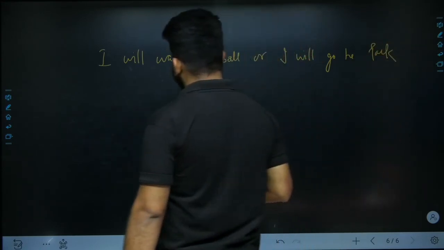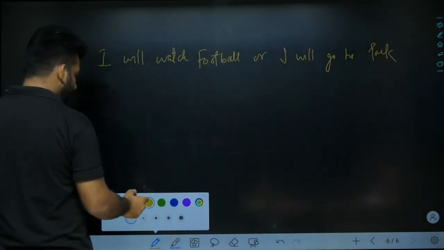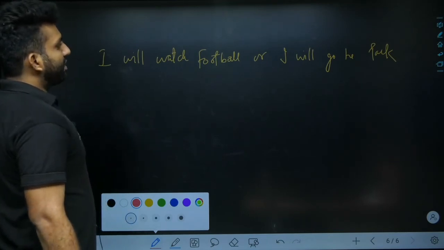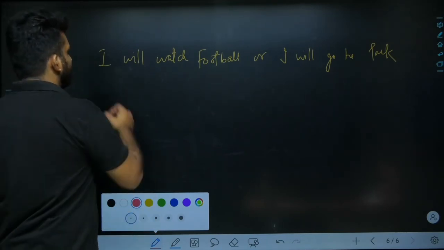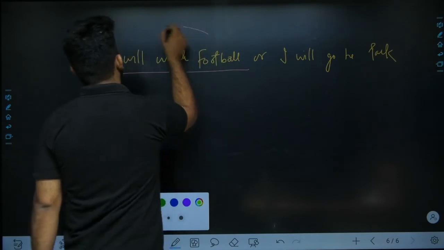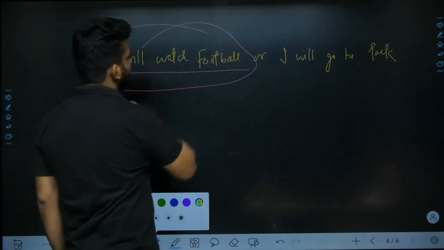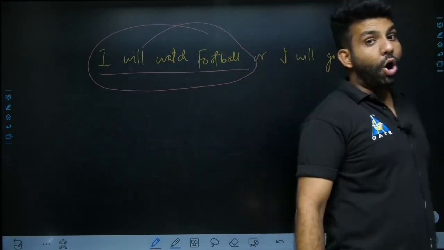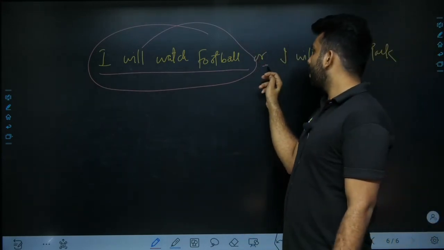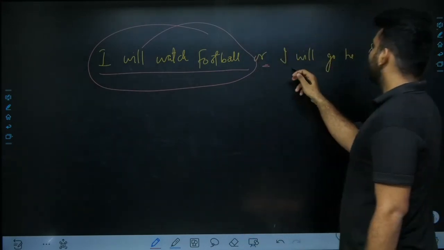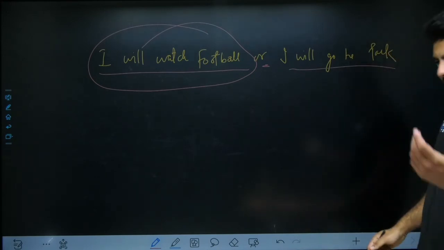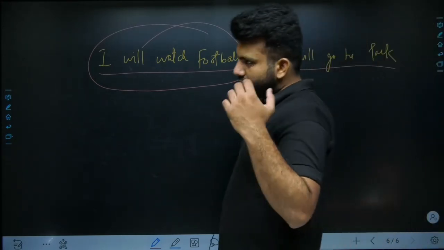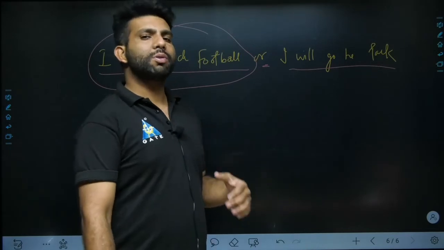Just have a look at this statement. There are basically two primitive propositions. I will watch football, I am declaring that. Or I will go to the park. Either I'll be watching the football match if there is some tournament, or I'll be simply going to the park. Simple.